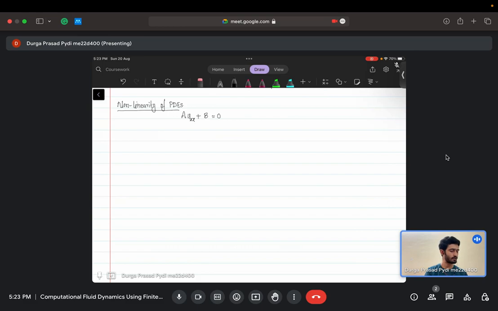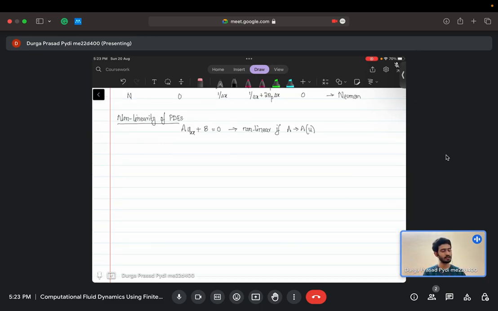We call an equation of this form as nonlinear if the coefficient a preceding the differential term is a function of my dependent variable or my variable of interest. So essentially, if it is a function of u, so u is the variable that I need to find, which is an unknown, and my coefficients are also a function of the unknown, then is when you call the PDEs as nonlinear.